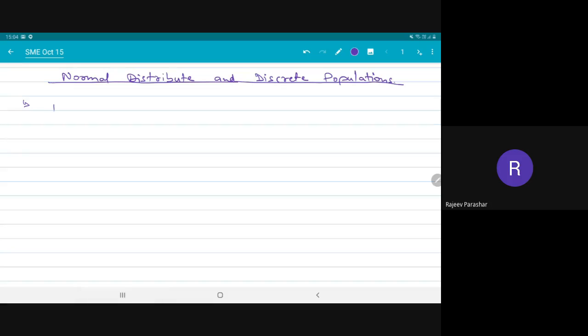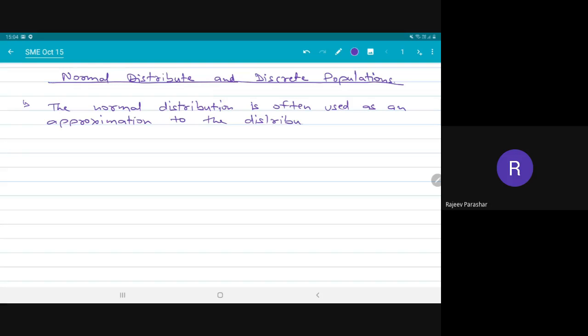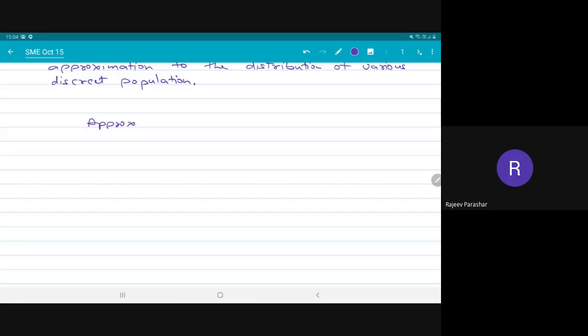Let me also write in sentence. Then we move to approximating the binomial distribution.